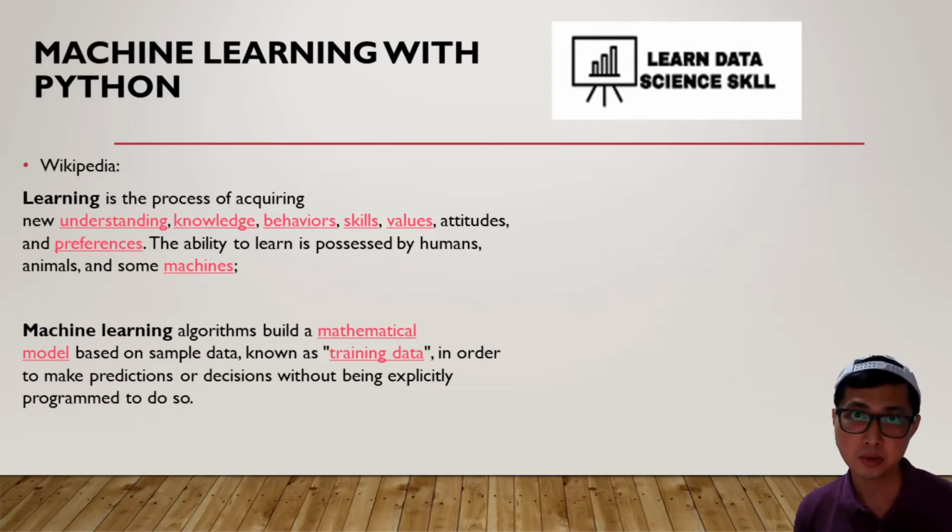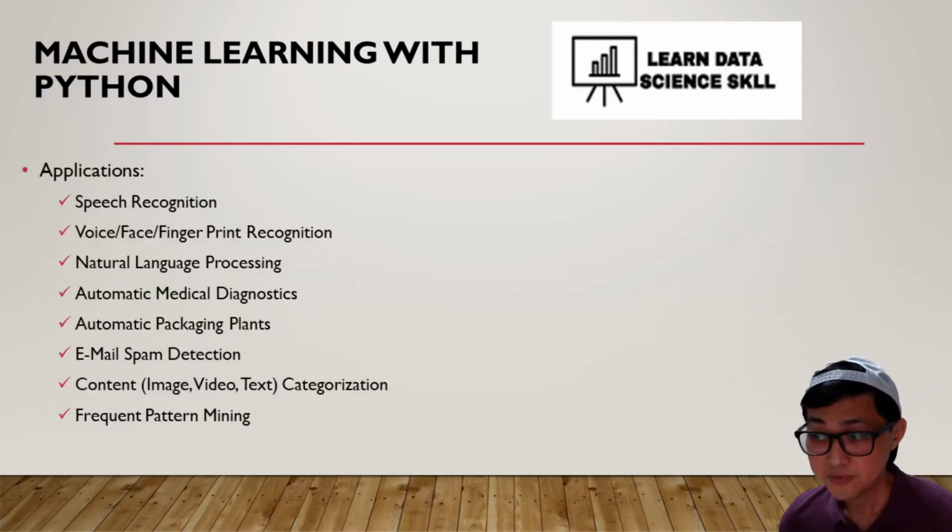The purpose is that a machine never gets tired, and a machine can perform computation 100 times or even 1,000 times faster than human beings, and therefore we want to exploit the advantages of using machines or computers. In fact, nowadays machine learning is already applied in different areas of our daily life.